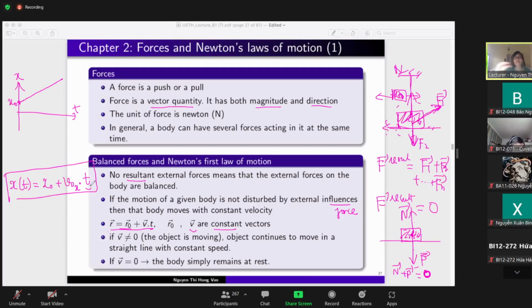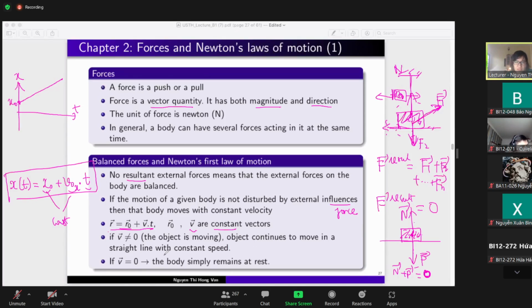The power of t here is 1, and x0 and v0 are constants. The variable is time, so the displacement depends on time as a linear function. Okay, so here is the motion with constant velocity we know from the previous chapter.